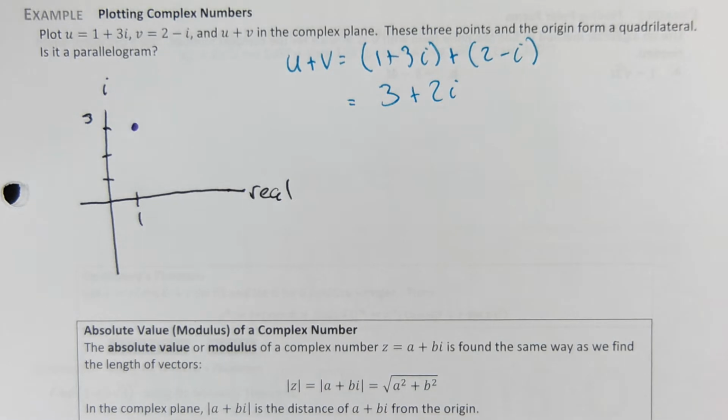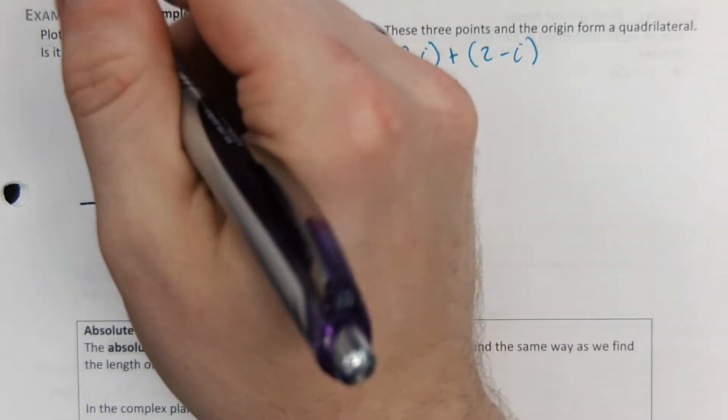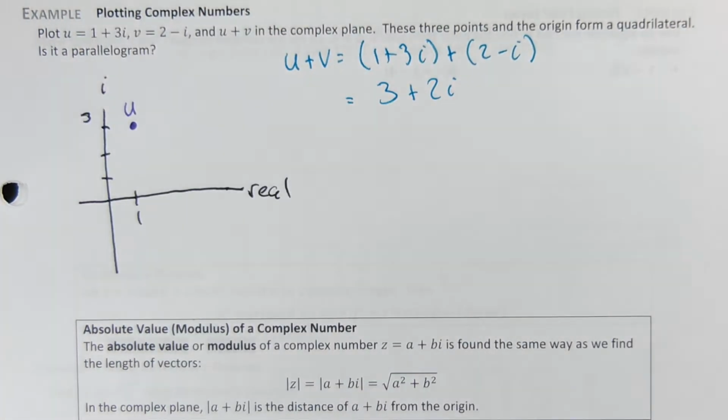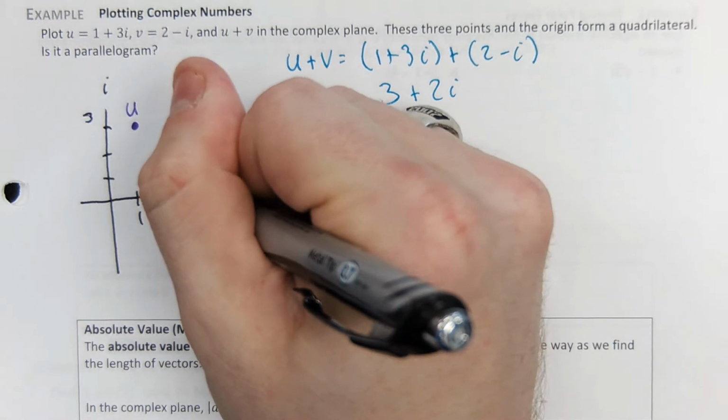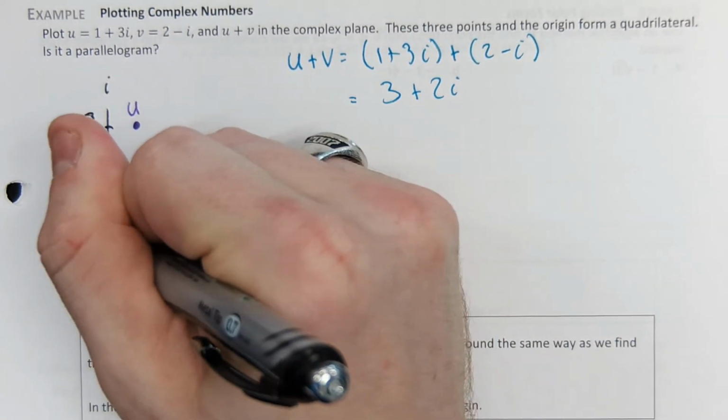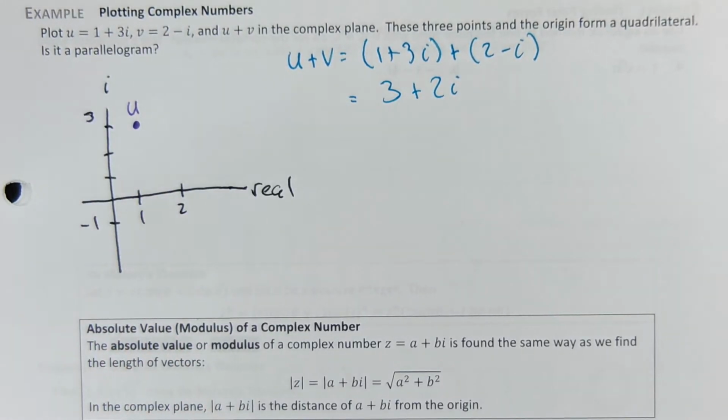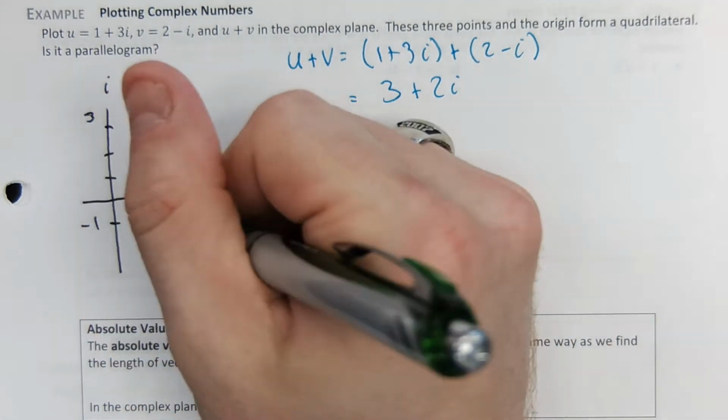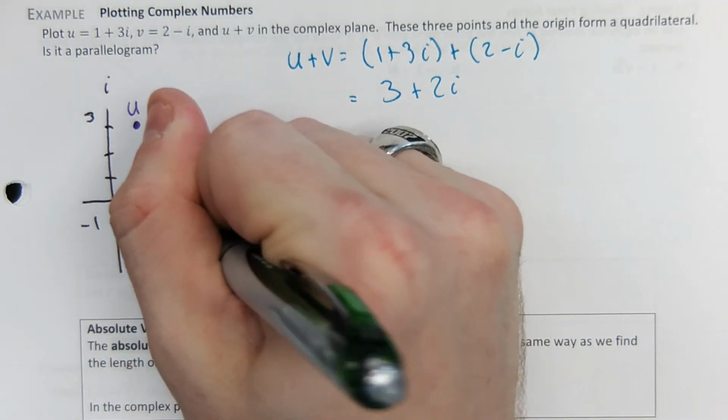Okay. What's next? Oh, this is u. And then v is 2 and then negative 1. So 2 on the real axis, negative 1 on the imaginary axis. That puts us down here. There's v.